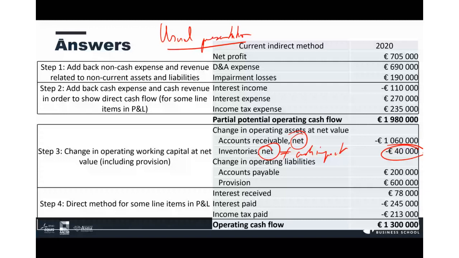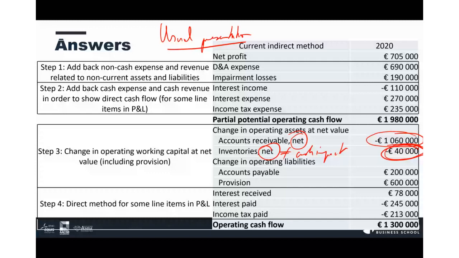So the problem of this presentation is we don't have the real cash impact. We don't spend 40,000 for the inventories. We spend more than that. What we don't collect is not 1,060,000, it is more than that. So the information we have here is false, if we want the cash impact. It's because we have the net value and not the gross value.